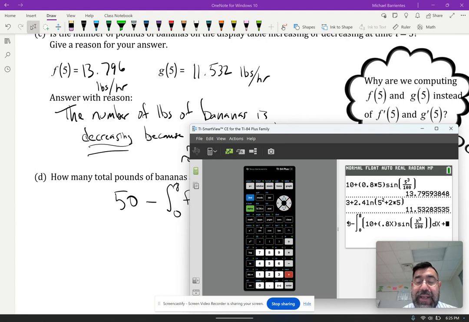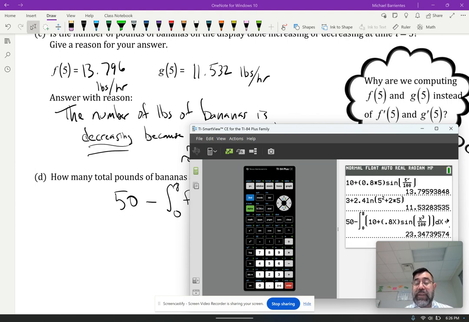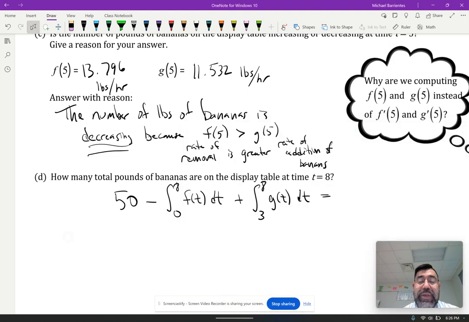And then we're going to add the integral from 3 to 8 of, and now we do the other formula, 3 plus 2.4 times the natural log of x squared plus 2x. Close it. And we'll put dx and press enter. 23.347.